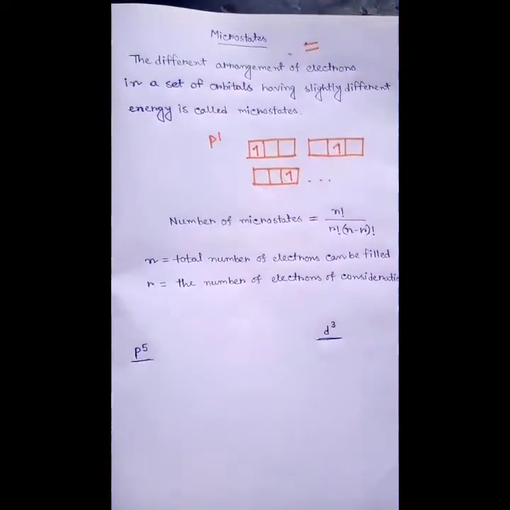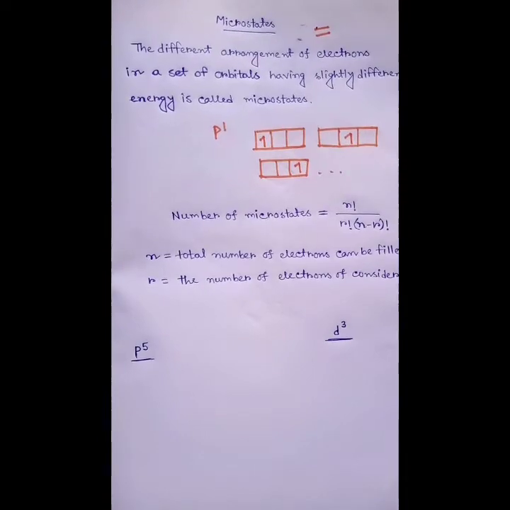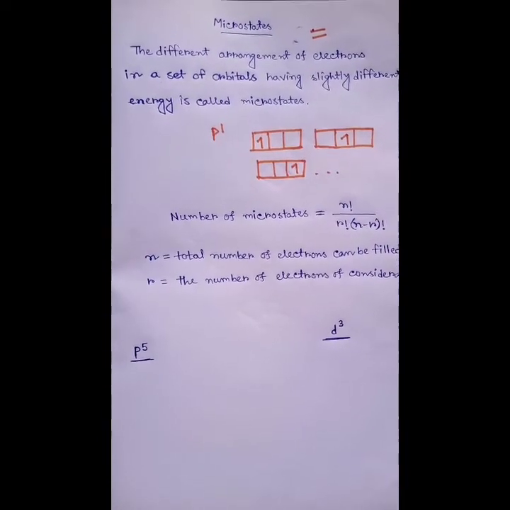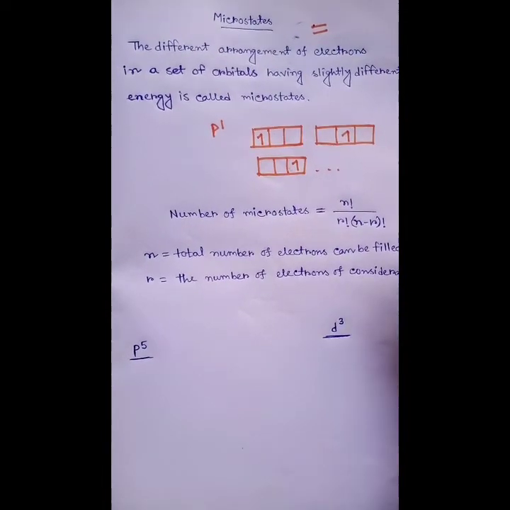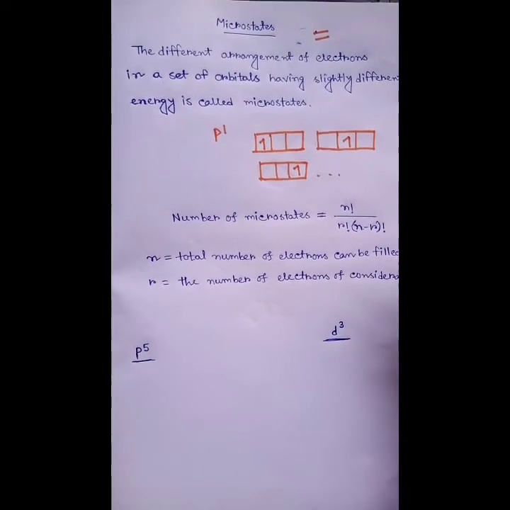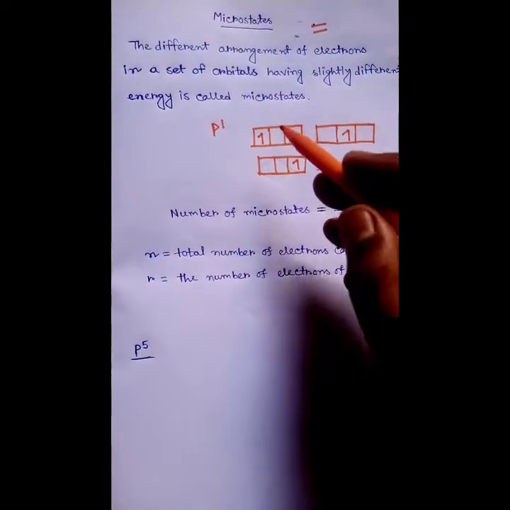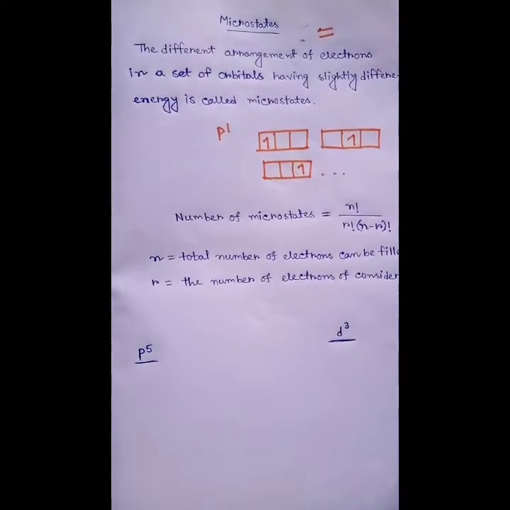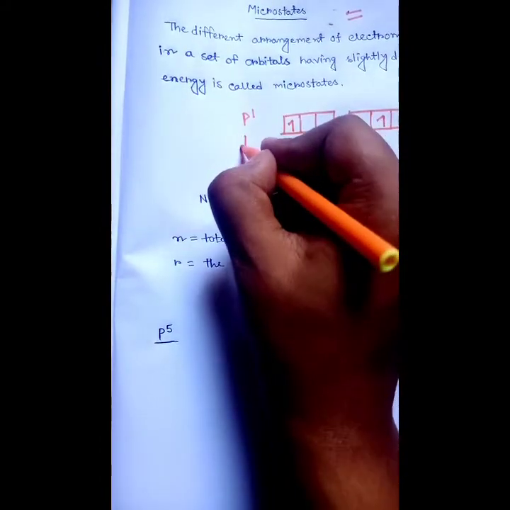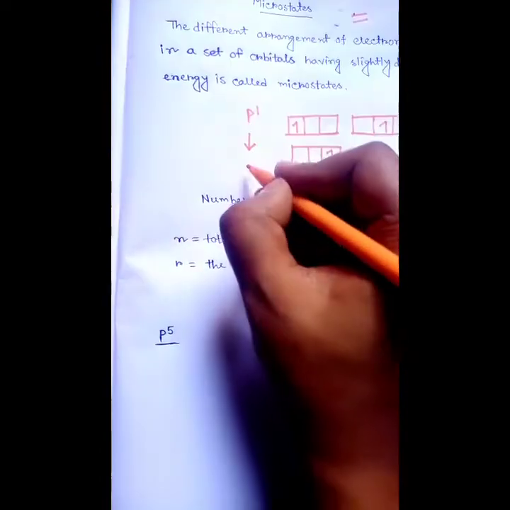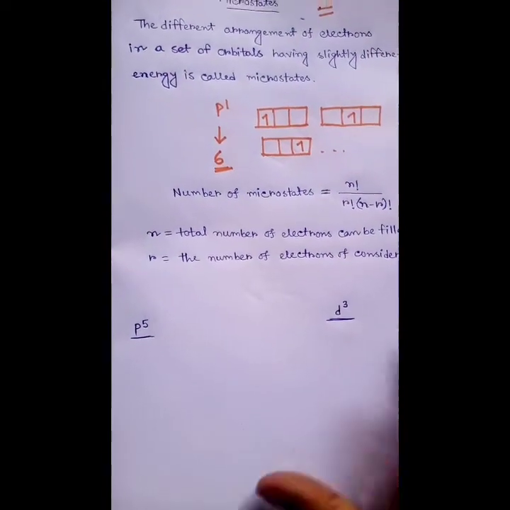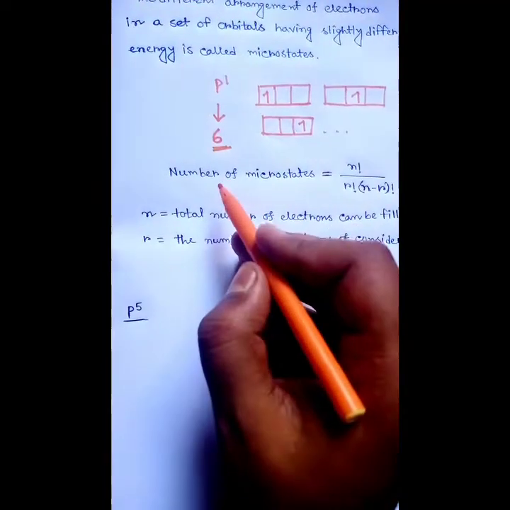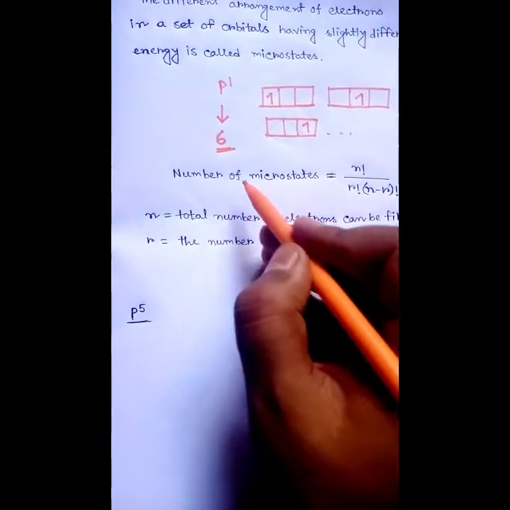So here you can see one electron in the p orbital I can write in different orientations, and in each of them the energy of the system will not be the same, so each of them will be called a microstate. So for the p1 configuration, that means one electron in the p orbital, we can get 6 total microstates. Now how can we calculate the number of microstates?